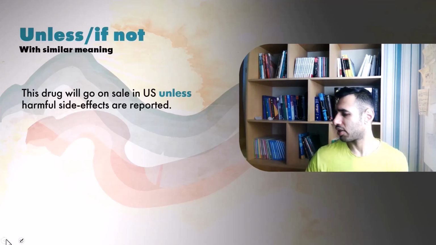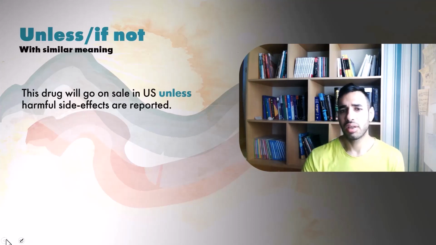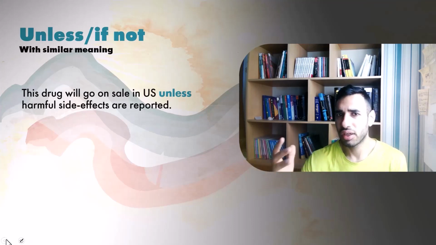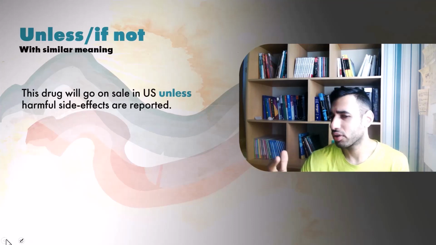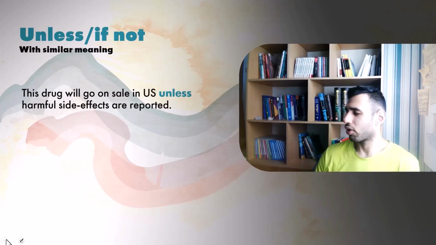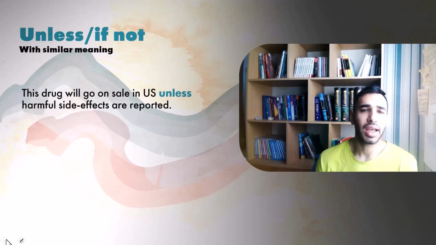They're going to sell this drug in the US unless harmful side effects are reported. If harmful side effects are not reported, if they receive no reports saying that this drug has side effects. So unless and if not here have similar meanings.